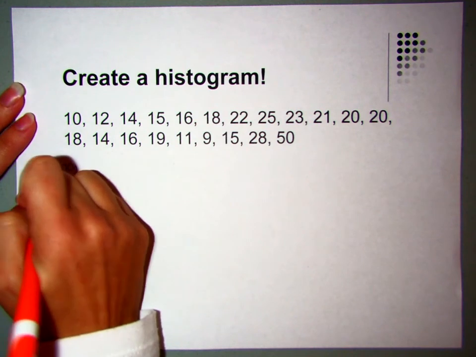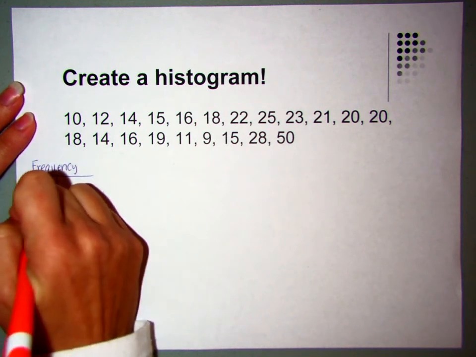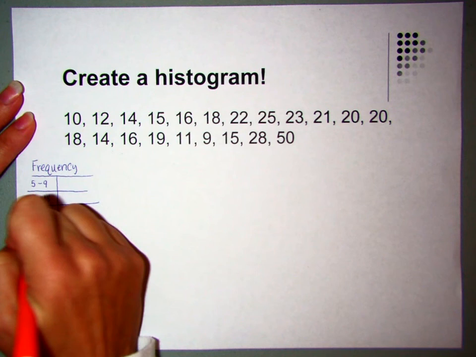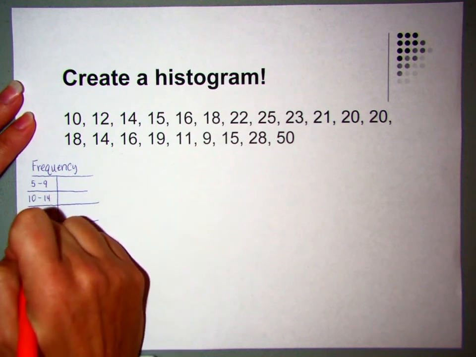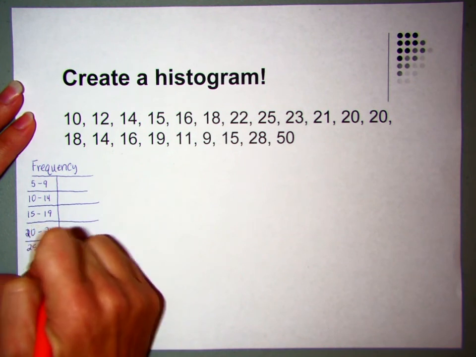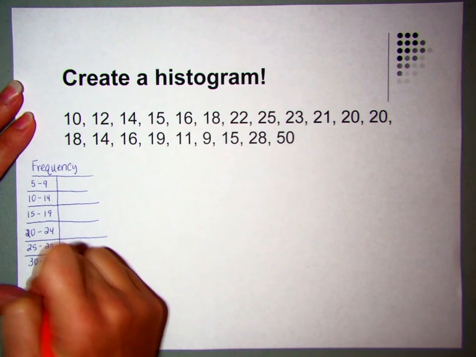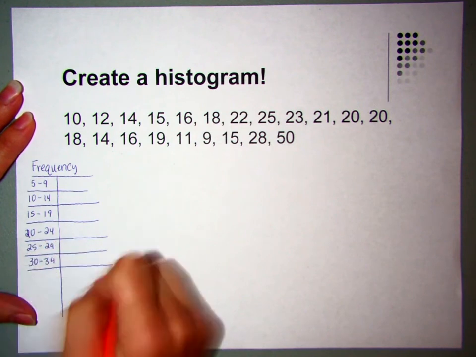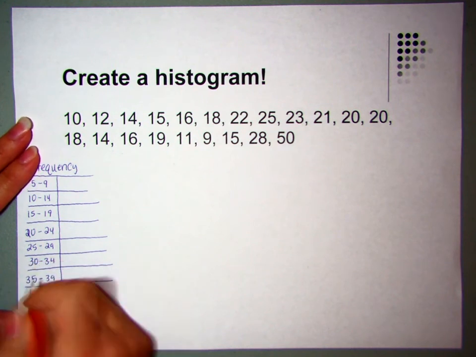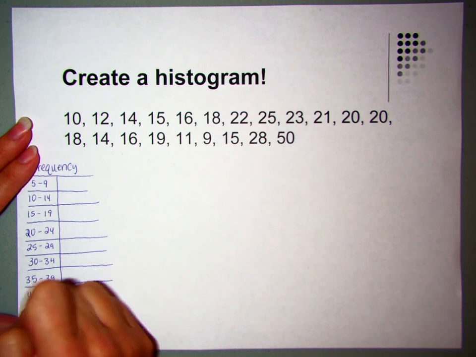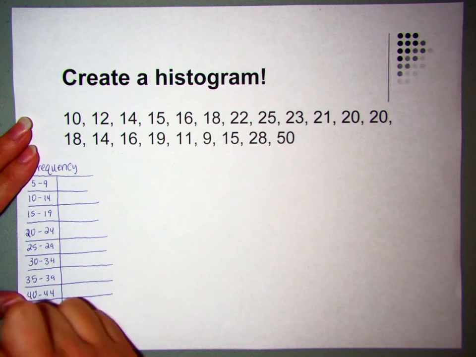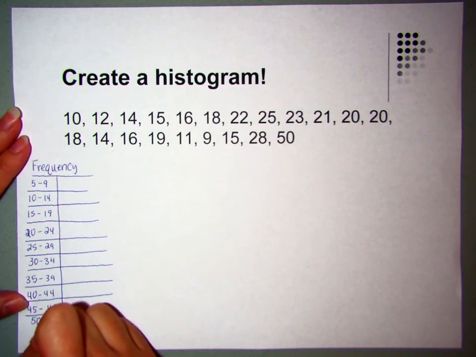We're going to go from 5 to 9, and then 10 to 14, 15 to 19, 20 to 24, 25 to 29, 30 to 34, 35 to 39, 40 to 44, 45 to 49, and then 50 to 54.